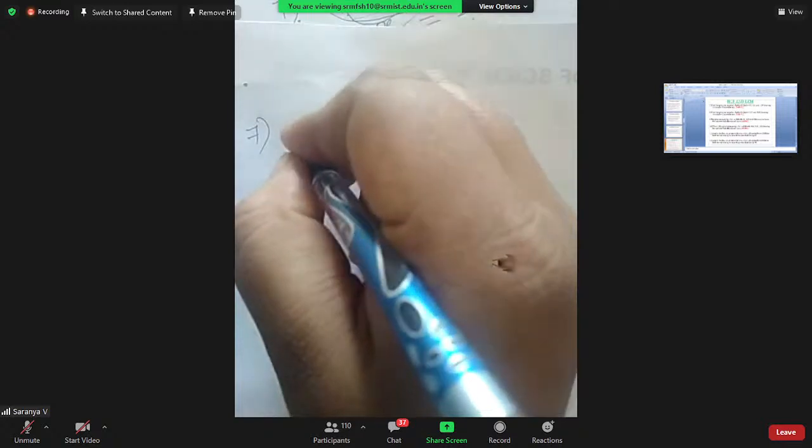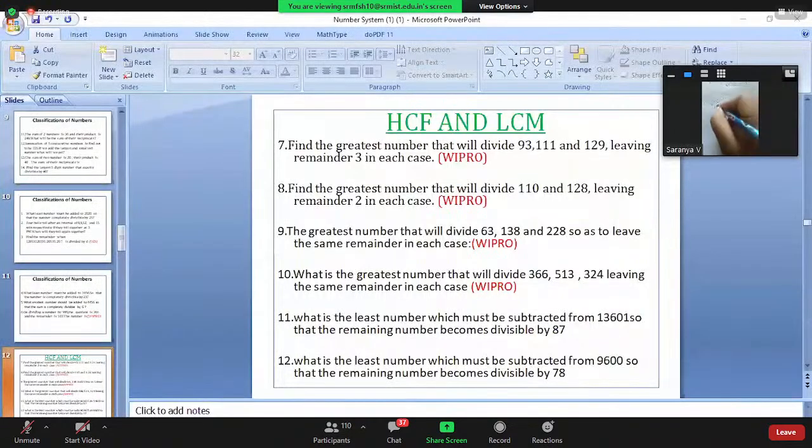So 93. When I divide this 93 by some number, let me call it star, I'll get the remainder 3.